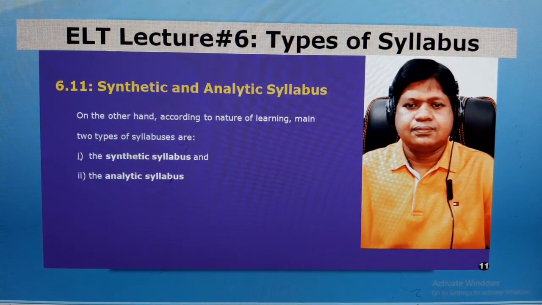On the other hand, according to nature of learning, there are two types of language learning syllabus. They are number 1, the synthetic syllabus and number 2, the analytic syllabus. In my next videos, I will talk about product and process syllabus as well as synthetic and analytic syllabus in detail.